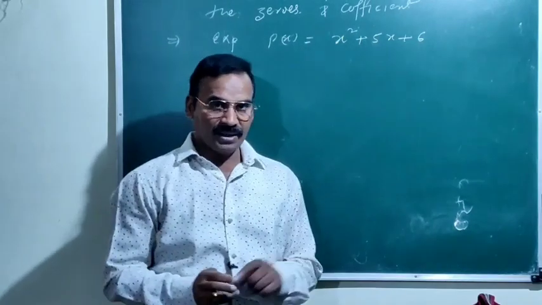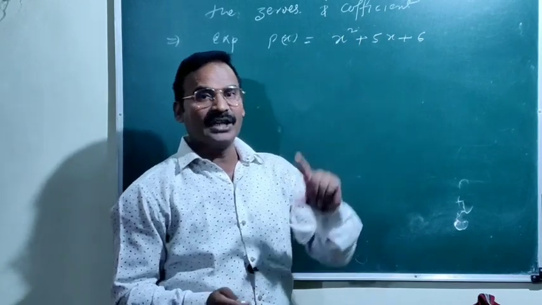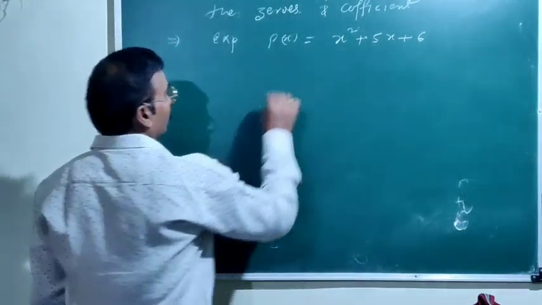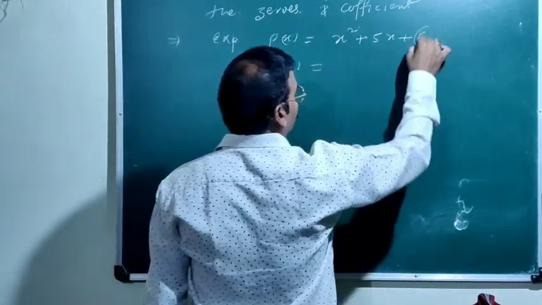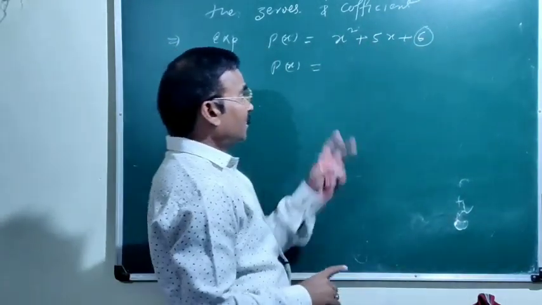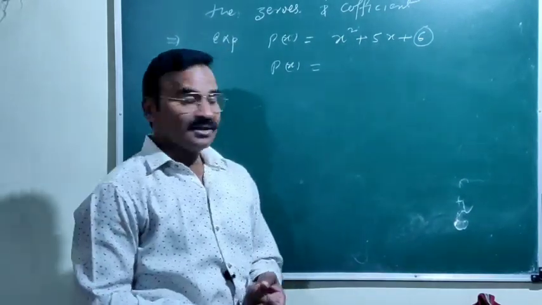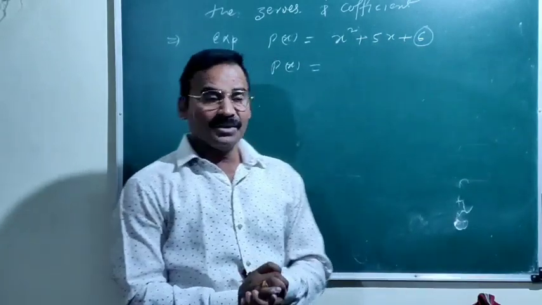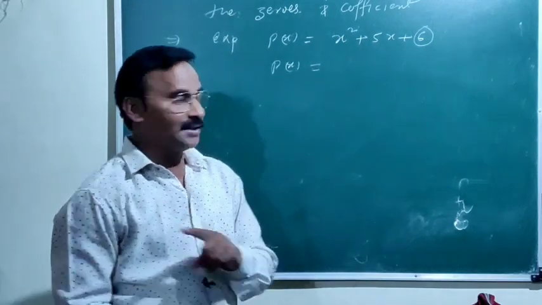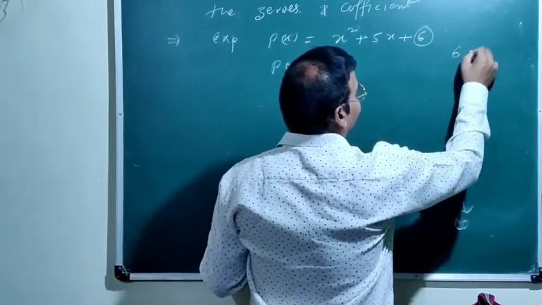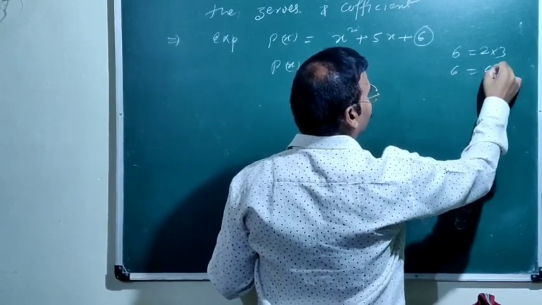There is only one method to find the zeros of a quadratic polynomial here: the factorization method, splitting the middle term. Factorize 6 into two parts such that their multiplication equals the constant term and their addition or subtraction gives the coefficient of x. So 6 equals 2 into 3, or 6 into 1.